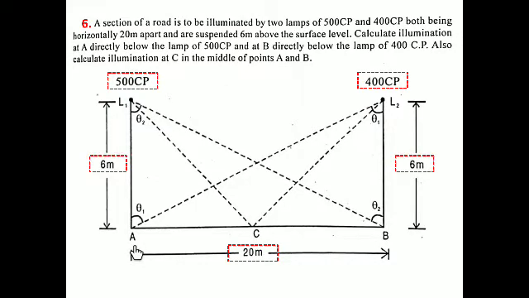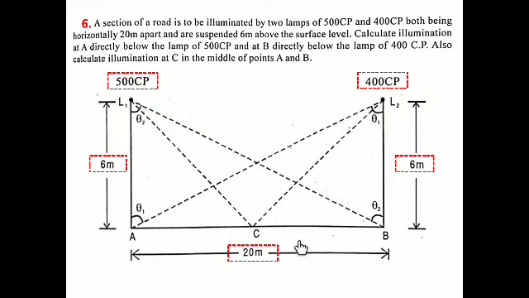Before that, the lamps have been placed at a height of 6 meters. Both lamps are located at 6 meters. So the light should be focused on this A, this C and this B. This light is also focused on this B, this C and this A, focusing areas.